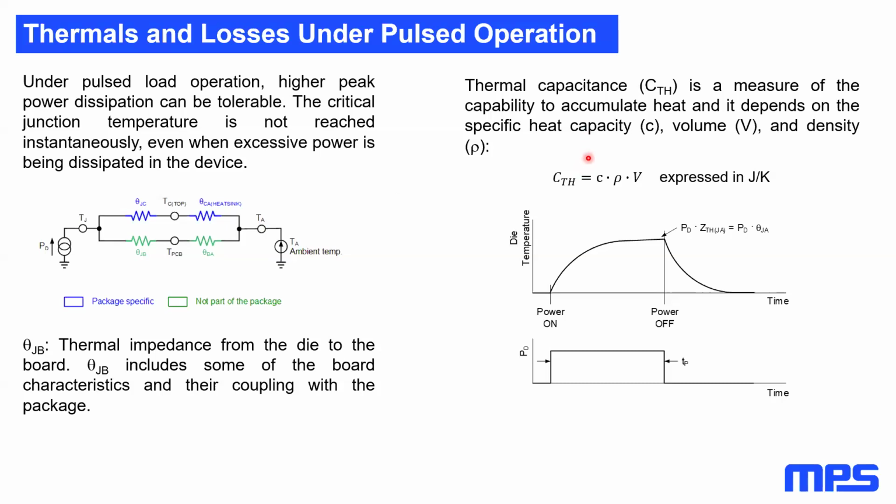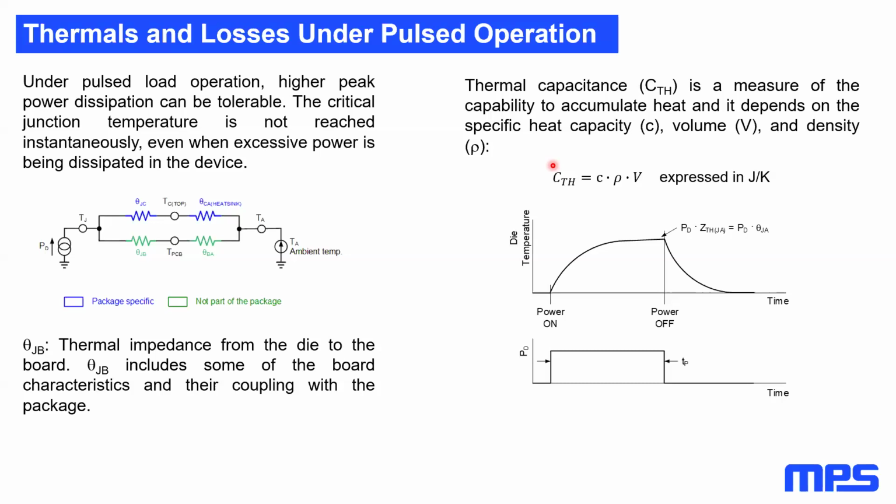In motor driver applications, the high power pulse width can range from a few tenths of milliseconds up to a few seconds, making it necessary to consider the effect of thermal capacitance. When this thermal capacitance is large enough, it can limit the junction temperature to within the ratings of the device, even though the peak power dissipation might be quite large.